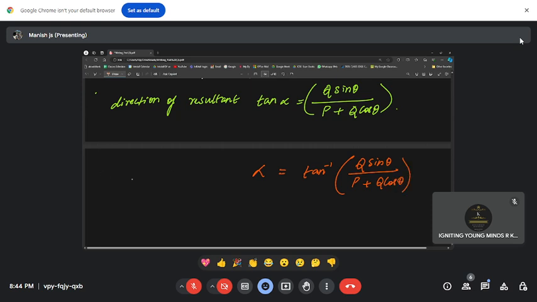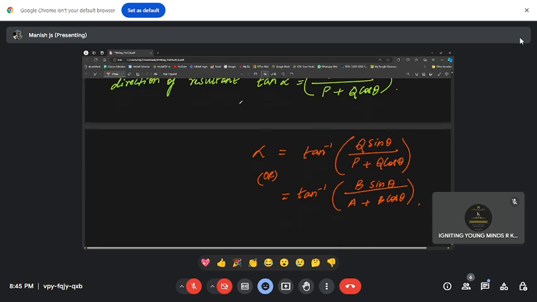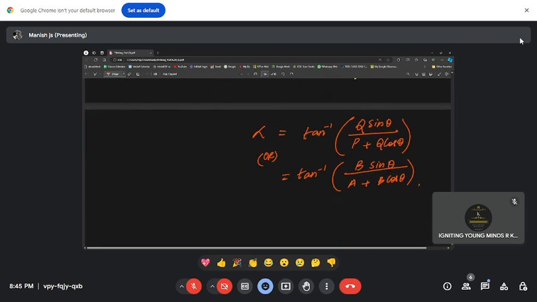Or if A and B are the adjacent sides, how do you write the same formula? You will write it as B sine theta divided by A plus B cos theta. That's it. So like this, you can find out the direction of resultant in parallelogram law of vectors.